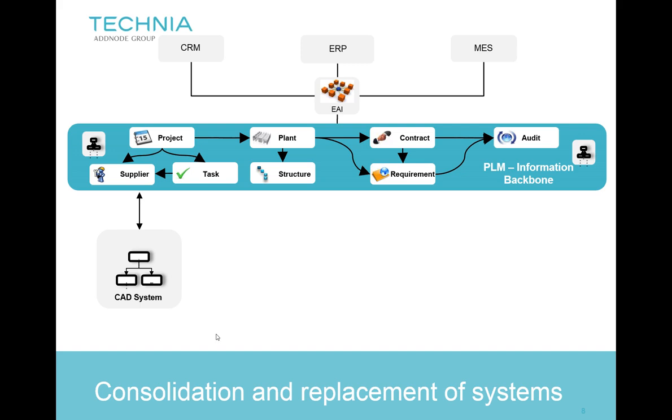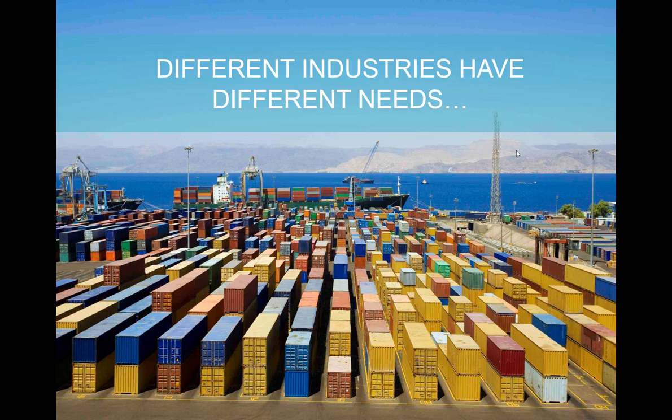Some systems are not possible to replace, of course, such as a CAD system with lots of authoring capabilities. That's not something you would manage in a more metadata-centric backbone as a PLM system typically is. All right.